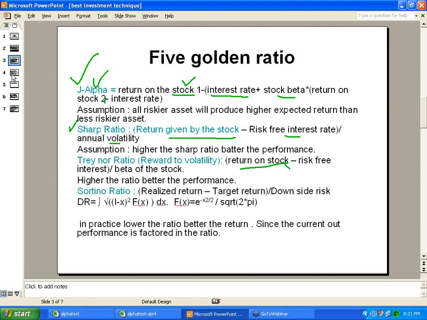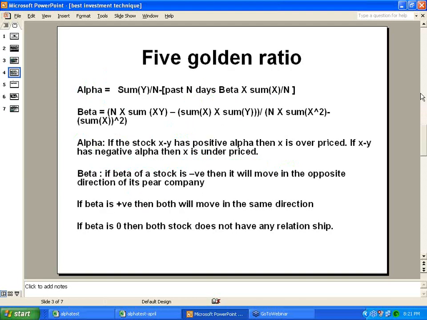Then the second part is alpha. How to calculate the alpha? It is the average return produced by the second stock minus the beta of the stock multiplied with the average return produced by the first stock, X and Y stock. And beta has a formula also: n into the sum of XY minus the sum of X into the sum of Y, divided by n into the sum of X square minus the sum of X whole square.